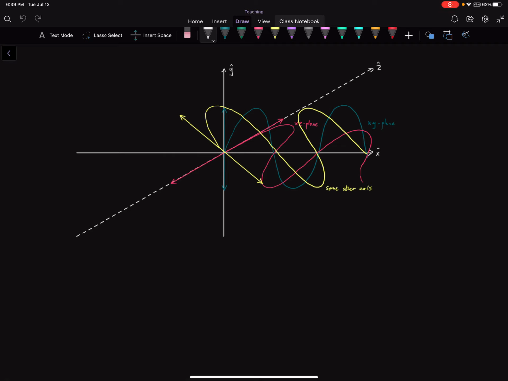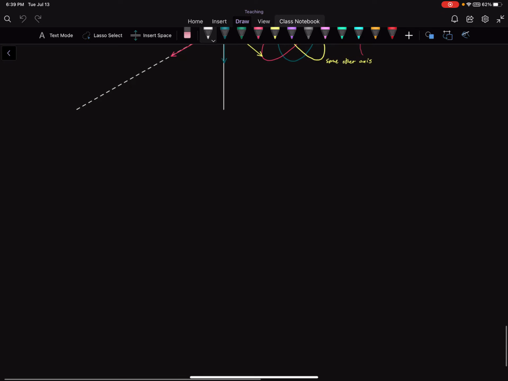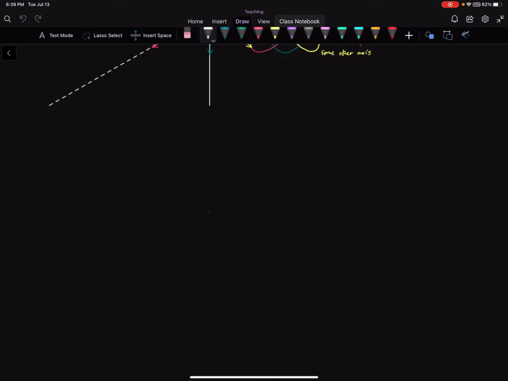Just like white light is composed of a superposition of the full spectrum of visible wavelengths, regular light is also composed of a superposition of waves in all possible polarizations. And we refer to this as unpolarized light. And so what I mean is, if we have light traveling either towards or away from you, it's oscillating up and down like this.